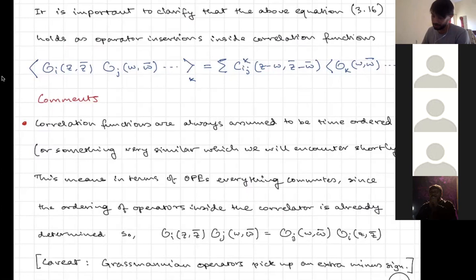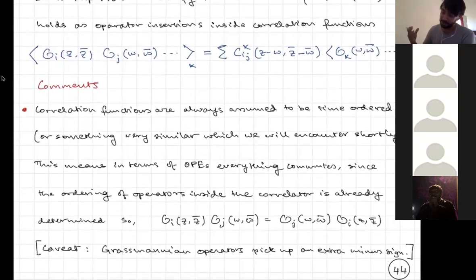So you can write O_I at z and O_J at ω, or O_J at ω and O_I at z; the ordering will not matter for the OPE. If you are dealing with Grassmann operators, pulling them through each other gives some signs, but leaving that aside, this is something you need to keep in mind.